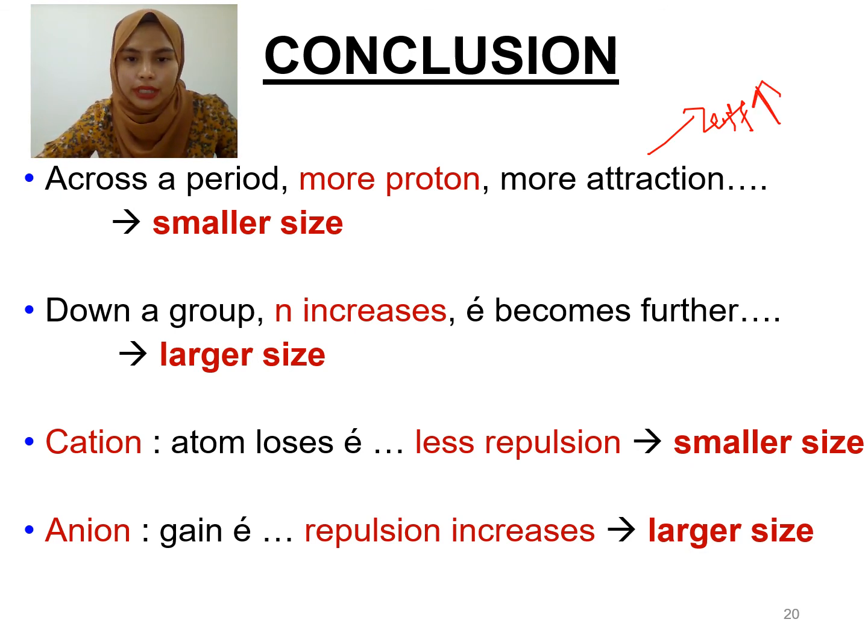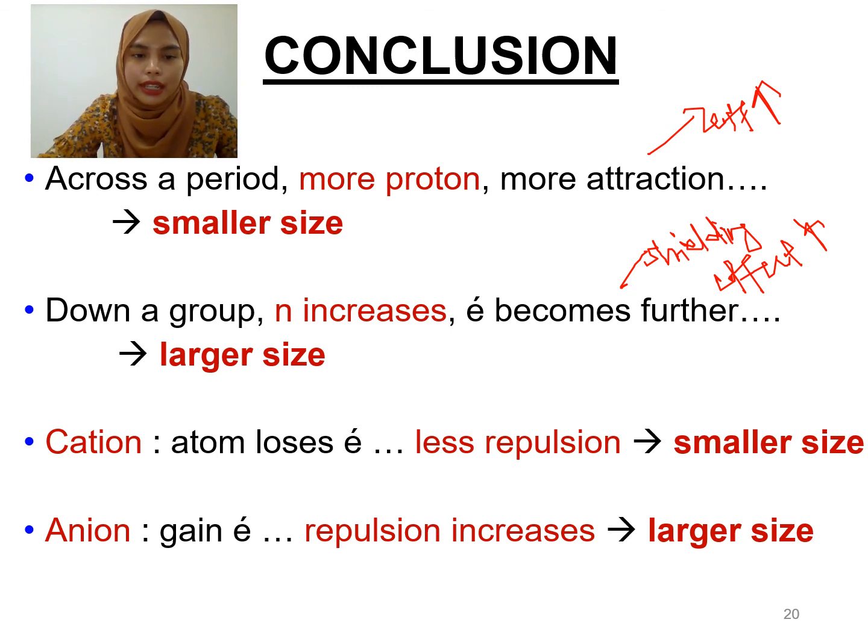Down the group, the number of shells increases, therefore the electron becomes further from the nucleus, and this contributes to the shielding effect. The shielding effect increases, therefore the size will be larger. As for ions, if it's a cation, it carries a positive charge.